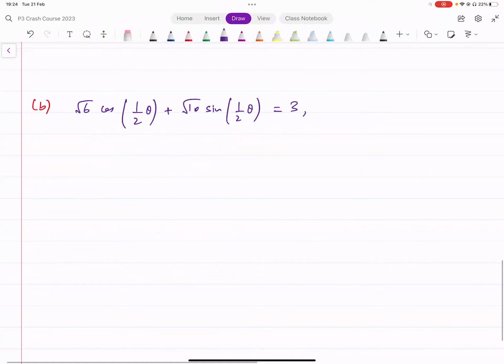This is the equation. Again, we're looking for the smallest positive angle theta. So theta is greater than 0. That is what we know. We would be looking for the smallest possible value of theta in that interval.